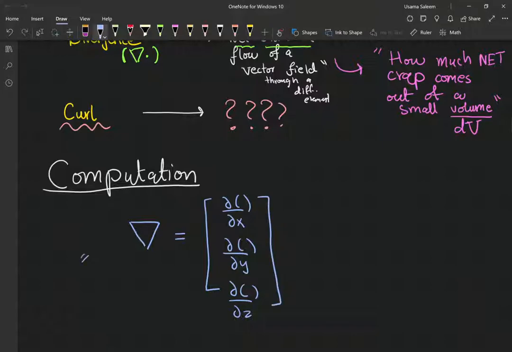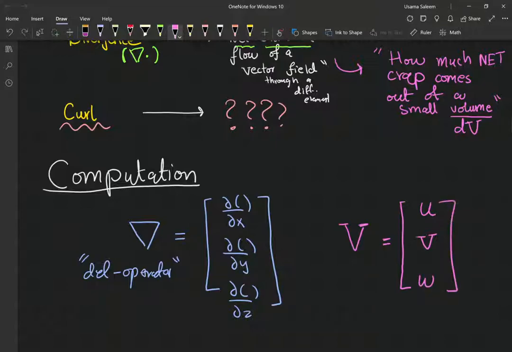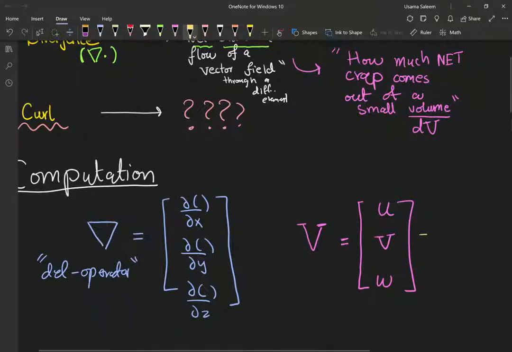I'm going to apply it to a vector field, say a velocity field, where the x component is u, the y component is v, and the z component is w. In some textbooks this is written as v sub x, v sub y, v sub z. Exact same thing.